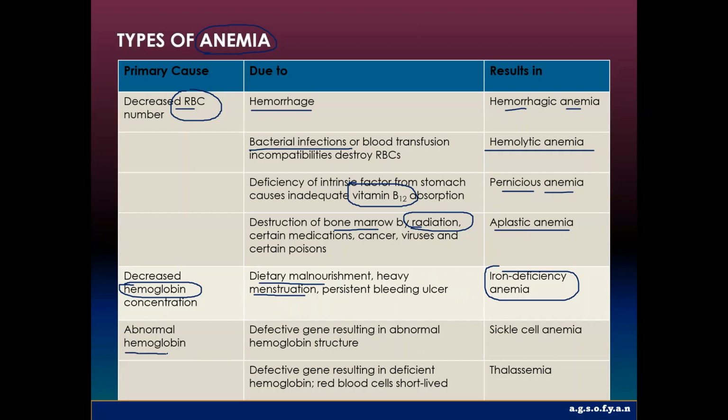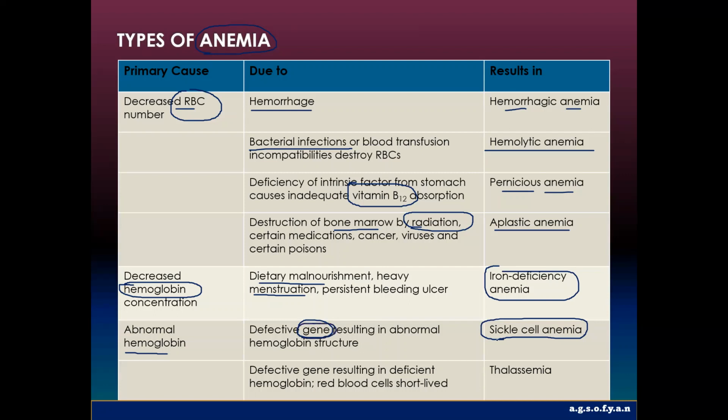Abnormal hemoglobin, maybe there is a defective gene that causes the hemoglobin to be abnormal in shape and function. An example is someone who has sickle cell anemia. So they have this deficiency of oxygen carrying capacity due to their genetic disorder.